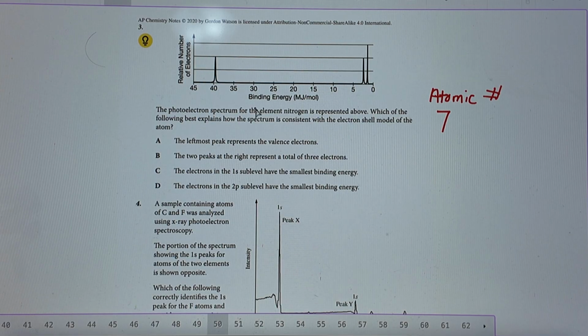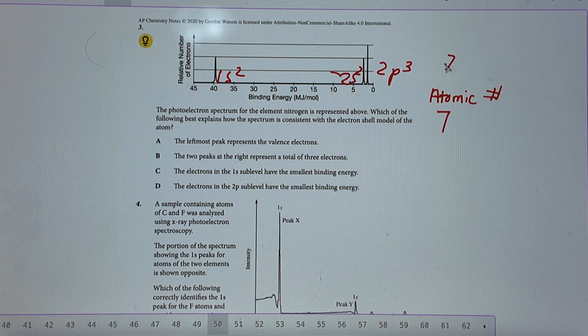Which of the following best explains how the spectrum is consistent with the electron shell? Okay, so we have 1s2, 2s2, 2p3, and so 2 plus 2 plus 3 is 7.